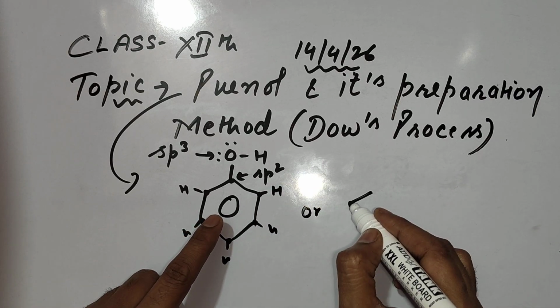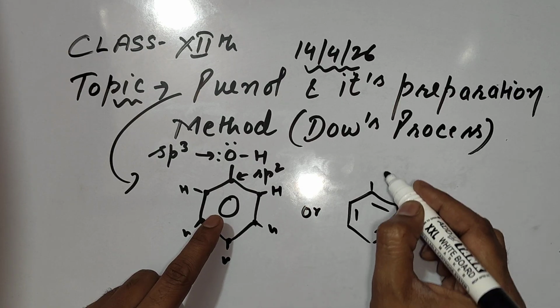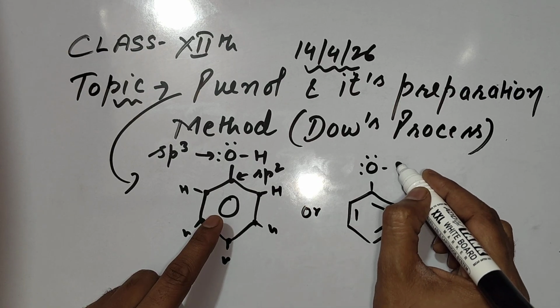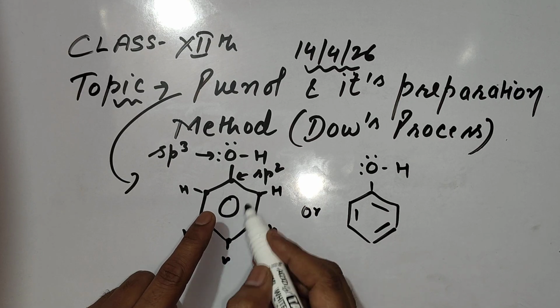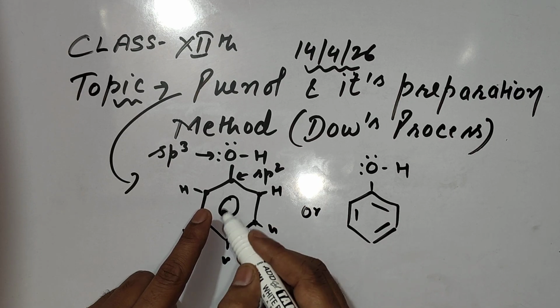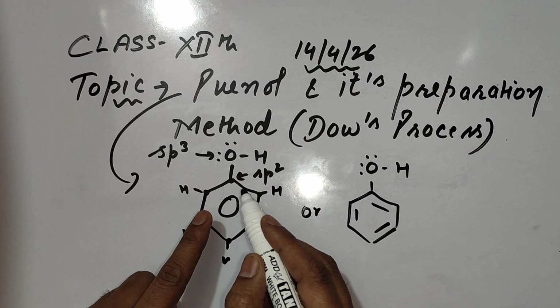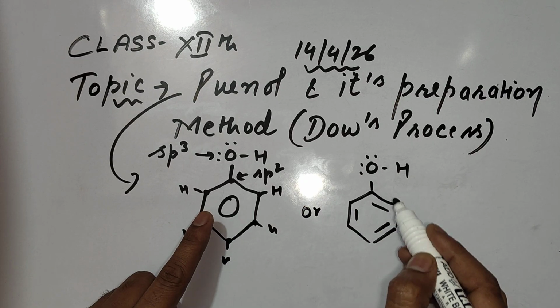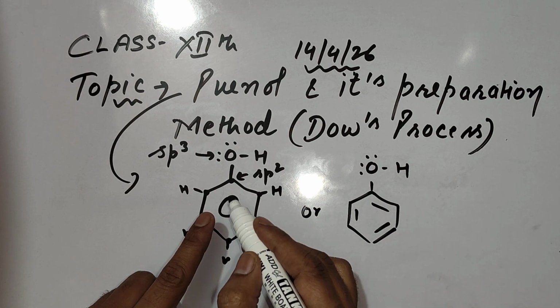This benzene ring we can represent in this form also, like this. This circle, we know, represents delocalization of pi electrons, resonance, the movement of pi electrons. These pi electrons are continuously revolving over the entire benzene ring. That movement is represented by this circle.